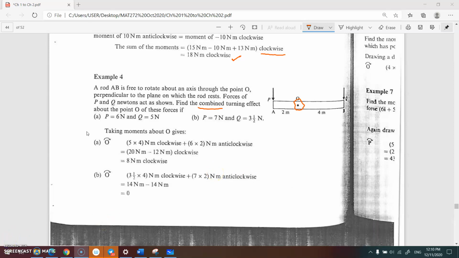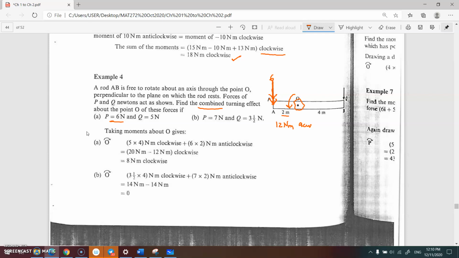Here you have 2 points, and we do P first. P is 6, the distance is 2, so we get 12 Newton meter. And then we need to check if it is clockwise or anti-clockwise. If you push the rod here, the nut will go anti-clockwise. Right, anti-clockwise.